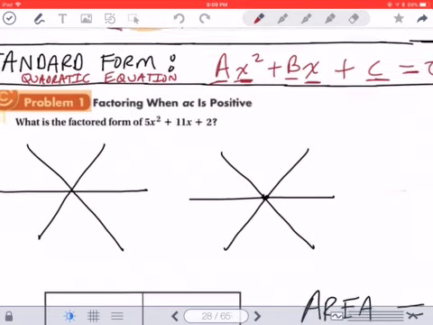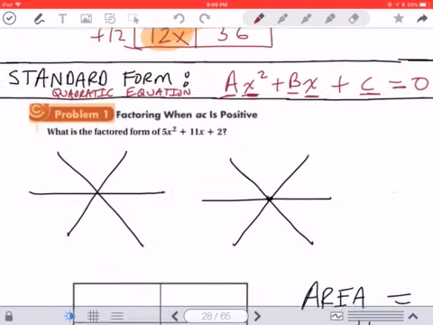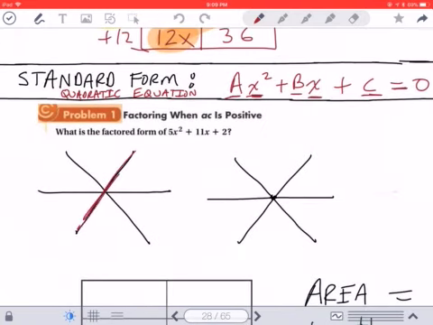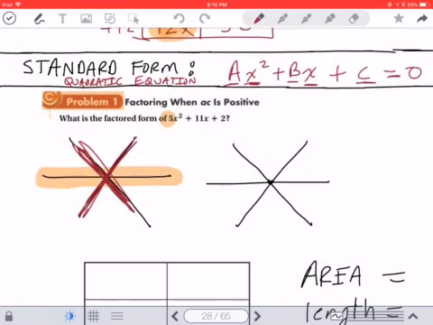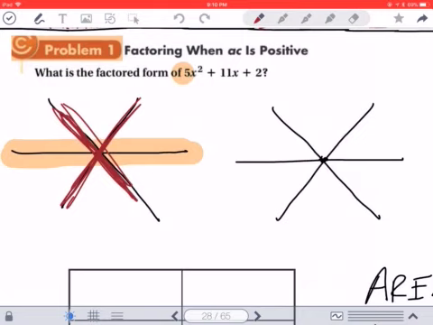So how do you factor these? Well, you have to do something a little bit different. We learned how to do the x method, where we just had an x. But when a is greater than 1, in this case it's 5, we have to add a little something here, and I'll explain this.